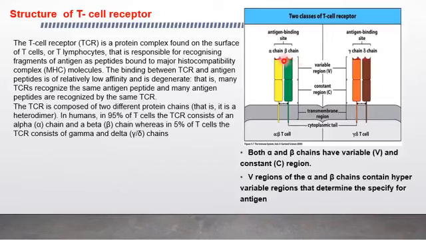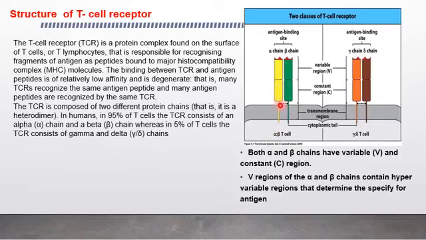Basically, this is the T cell receptor, and it is composed of two different protein chains. That is the heterodimer. In humans, 90% of the T cell receptors consist of the alpha chain and the beta chain.